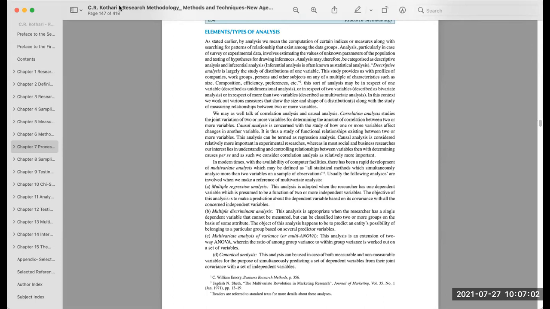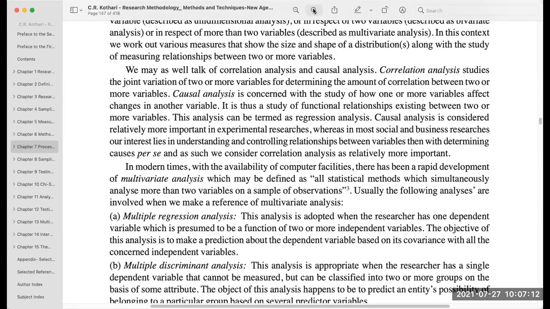Let me enlarge the size of this page. Okay. Correlation studies: when there are two or more variables and we want to determine the correlation between them, we can go for the correlation.